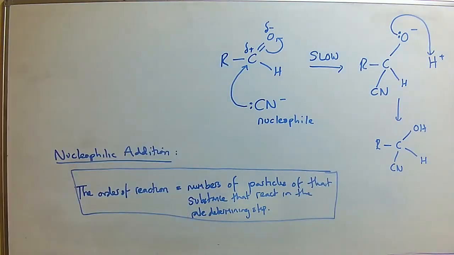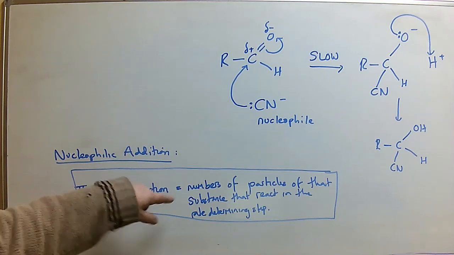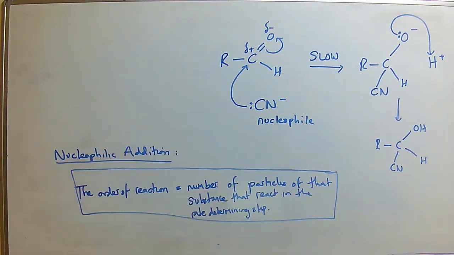Now, we discussed why that should be, but in the end all you have to do is learn that story. That in a rate equation, the order of reaction, which is the power you raise it to in the rate equation, is equal to the number of particles of that substance that react in the rate determining step.